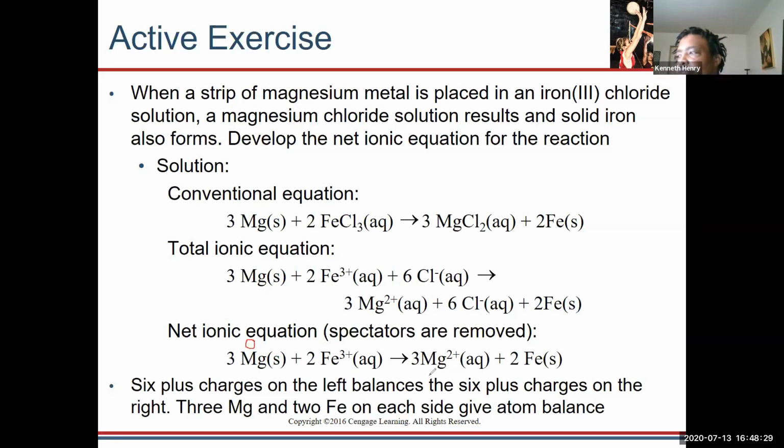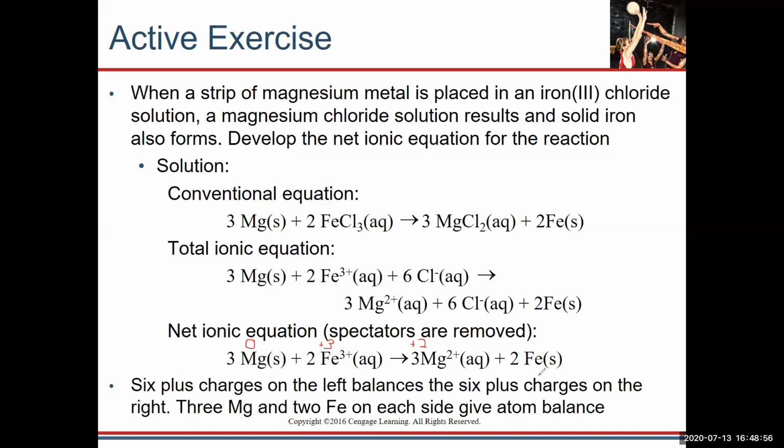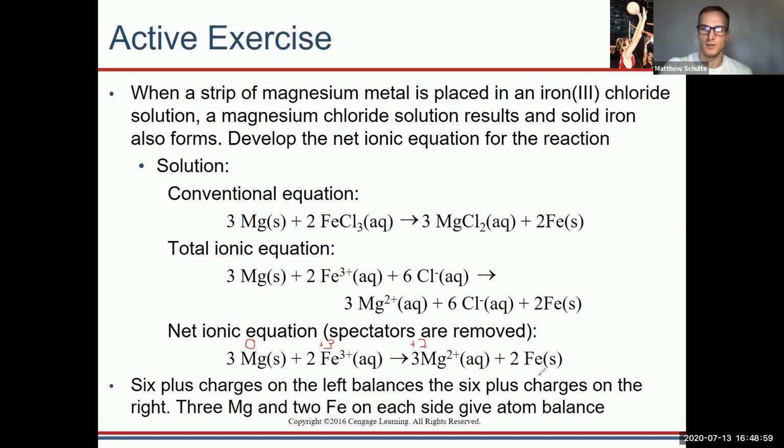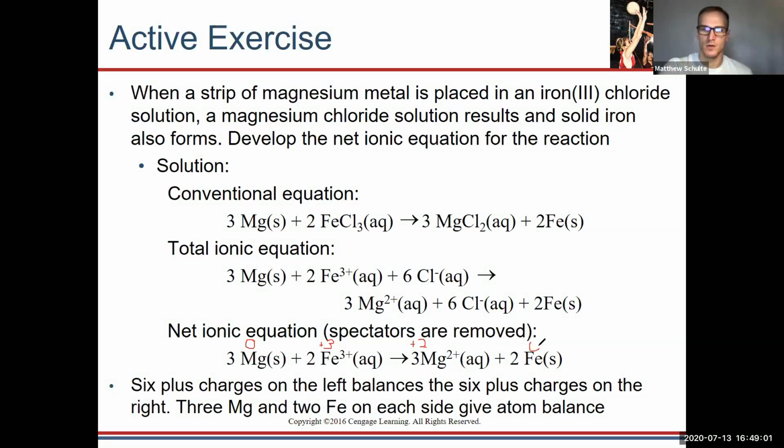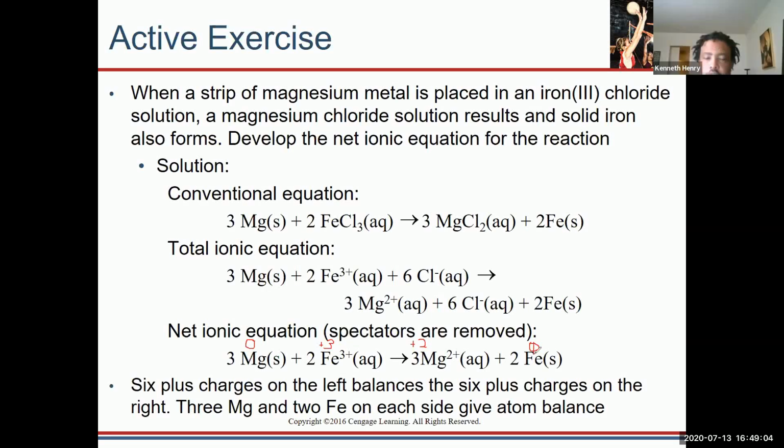What is the total net charge over here for the magnesium ion, the 2 plus ion? 2. Okay, so it's going to be a +2. What about the iron over here? 3. So it's going to be +3. And then what about the iron over here? 0. Yep, because it's no charge.